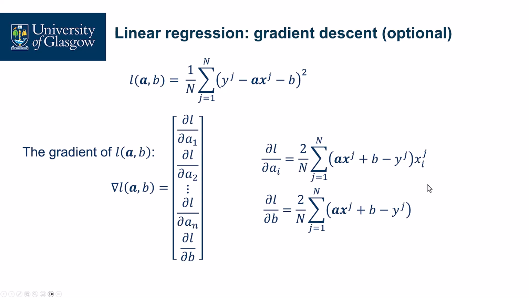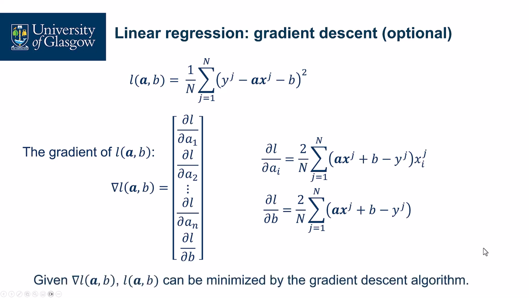For example, y equals a1 multiplied by x1 plus a2 multiplied by x2, up to a5 multiplied by x5, plus b, right? So this i refers to the index of x, as well as of a. If we follow these two equations, we can calculate the gradient. We know the step size, we know the gradient, so the loss function can be minimized by the gradient descent method.